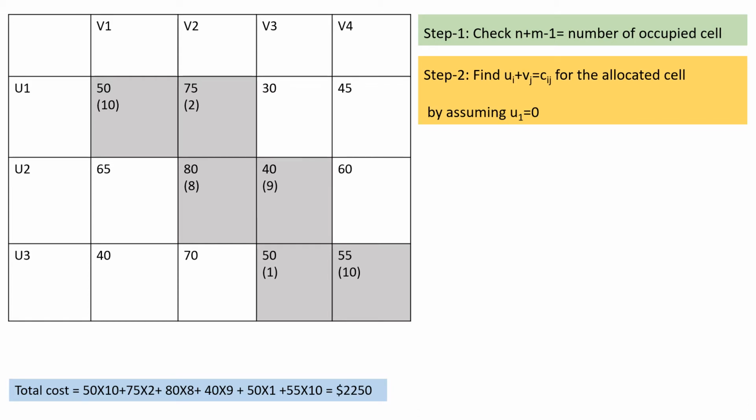So let's assume U1 equals 0 and find V1, which corresponds to an allocated cell. U1, that is 0, plus V1 equals 50. So V1 becomes 50.